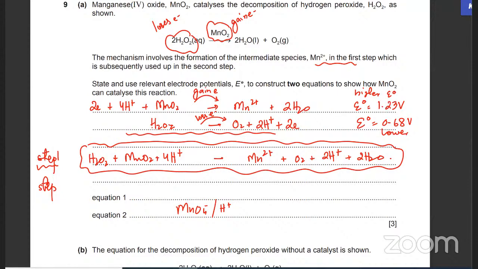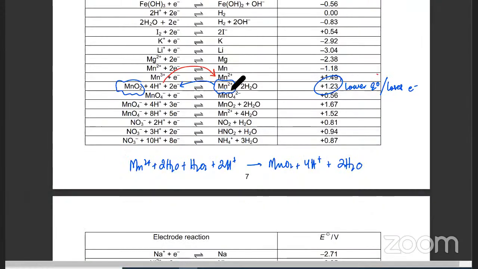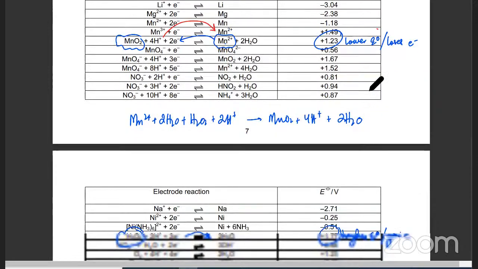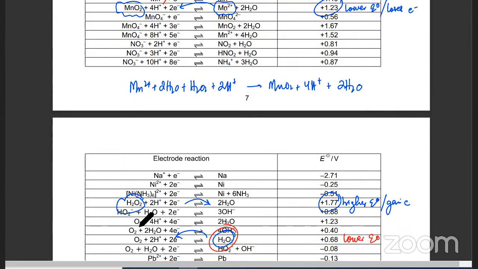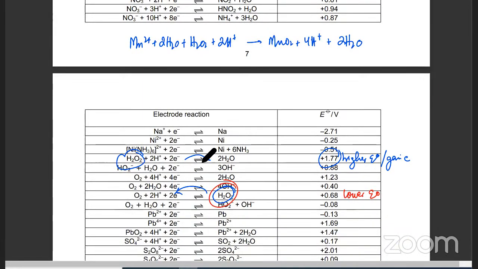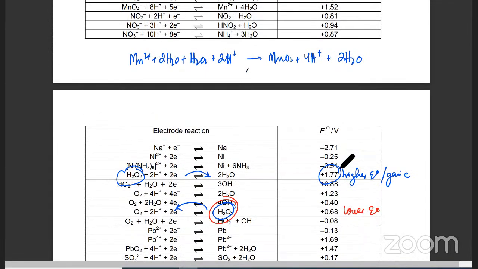So when I did the second step, I wanted to convert the Mn2+ back into MnO2. And who loses electrons? The one that has the lower E naught. So in that case, this was the lower E naught. And therefore, the H2O2 must be gaining electrons. So I found an equation for H2O2 where it's gaining electrons, which was this one, and it must be the higher E naught. So that was a separate reaction.